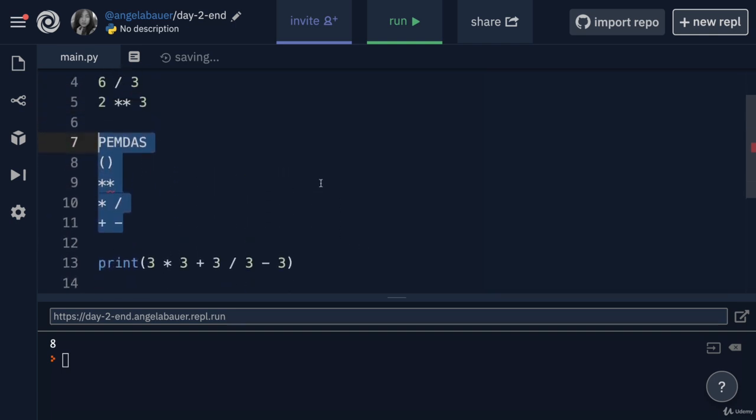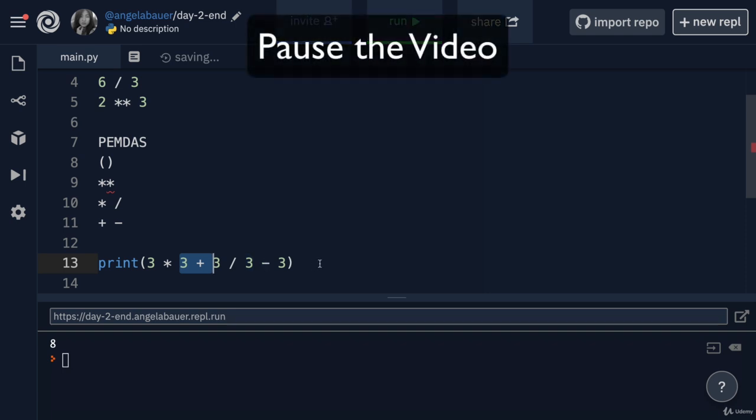Because you will get a number printed. It will calculate this entire line of code for you, but the order matters. Is it going to first add 3 to 3, then multiply the result by 3? Or is it first going to divide 3 by 3 and then add 3 to it? What is the order? And I want you to really pause the video and have a little play with it on pen and paper before you come back and we'll show you the result.